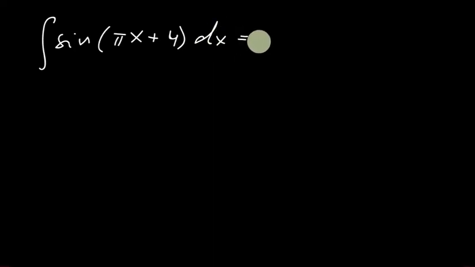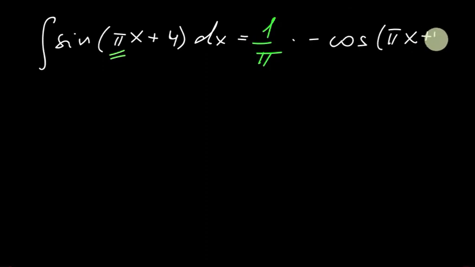Now an integral of sine of pi x plus 4 dx. Now we can't take this pi, this is a constant, anywhere, so we write that this is 1 over pi times minus cosine of pi x plus 4 plus a constant.